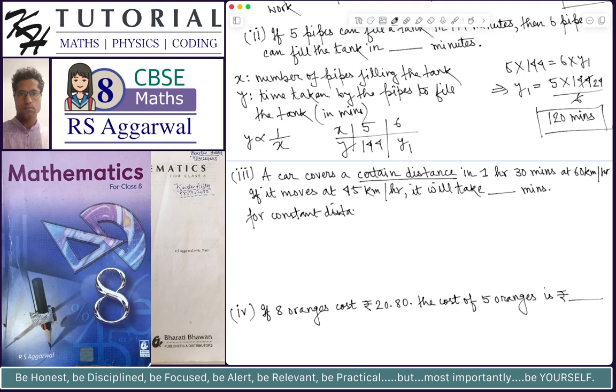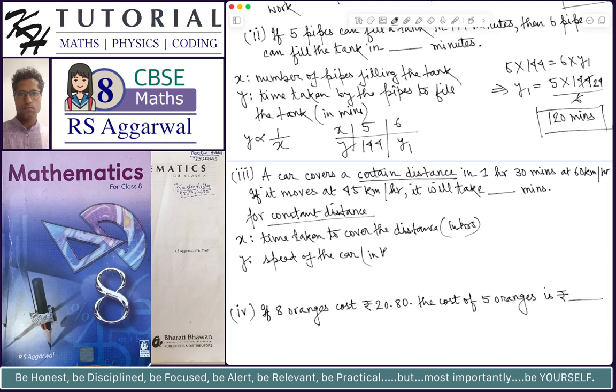So for a constant distance covered, let the quantity x be the time taken to cover the distance, in hours, and the quantity y be the speed of the car in kilometers per hour.